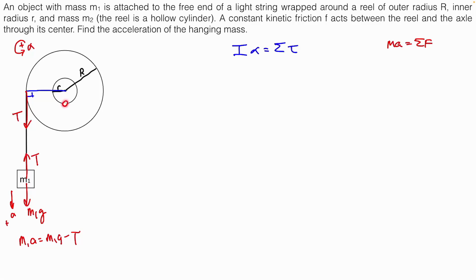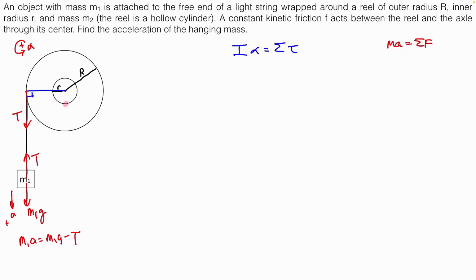Like it could be here, could be here, probably everywhere, right? But we can pick just one spot on that inner axle and have it be representative of all spots.